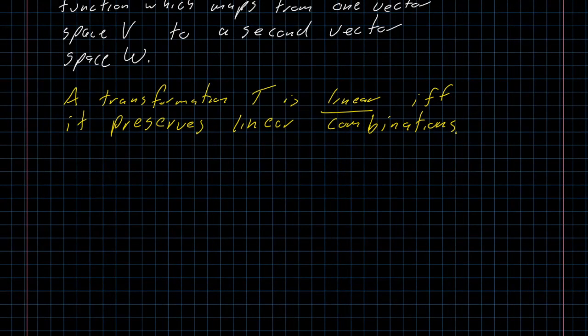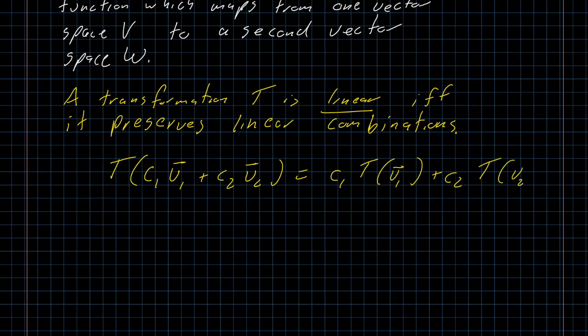That is to say that the transformation acting on c1 v1 plus c2 v2 is c1 times the transformation of v1 plus c2 times the transformation of v2. And whenever you have a transformation that behaves like that, we call it a linear transformation. Linear transformations are the ones that we are going to study in this course. That's what makes this course linear algebra.